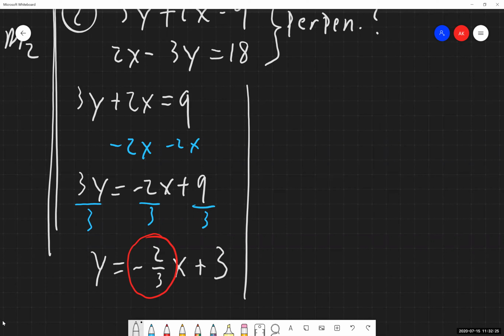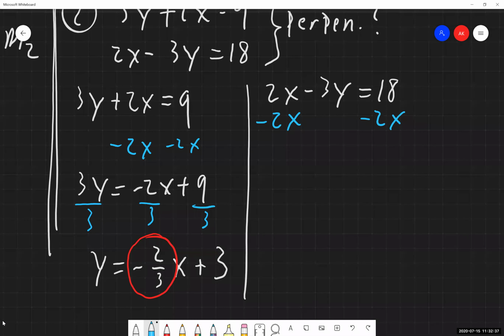So our other equation, 2x minus 3y equals 18. And again, I'm solving for y here. Let's get into that. And then I'm dividing both sides by -3.